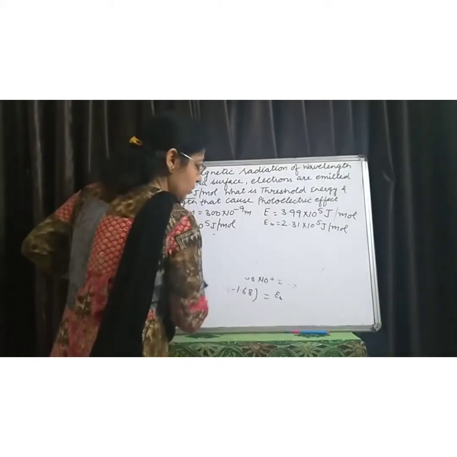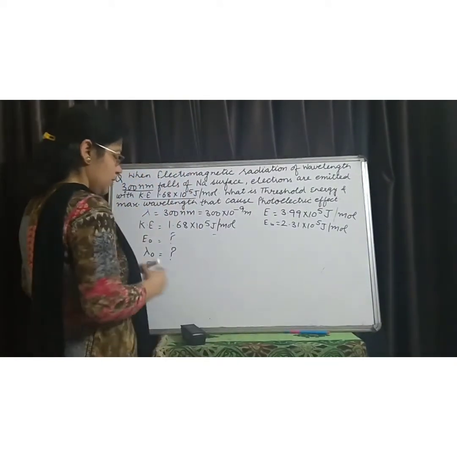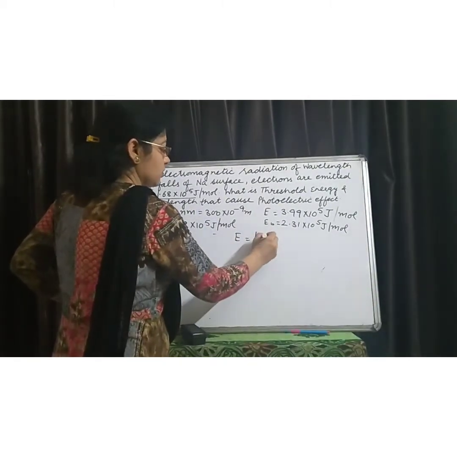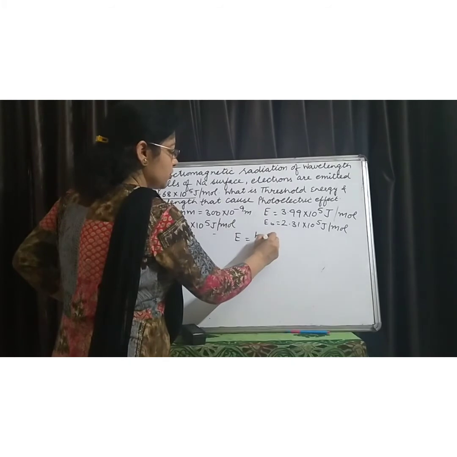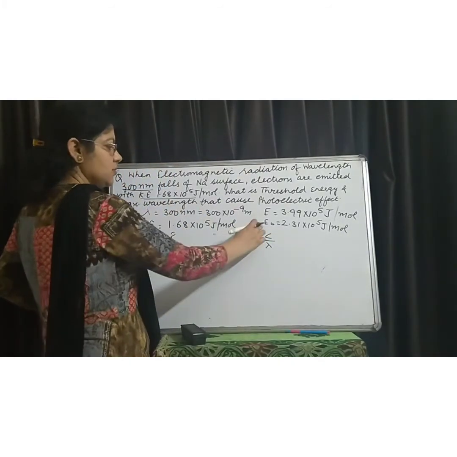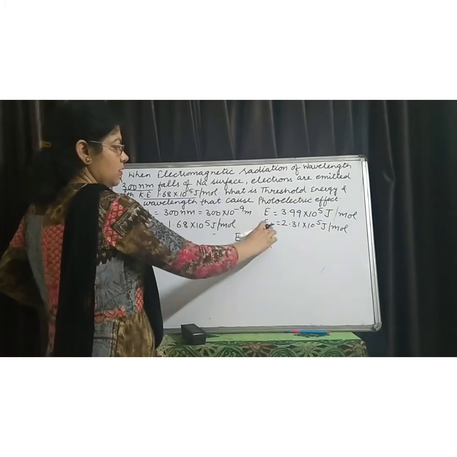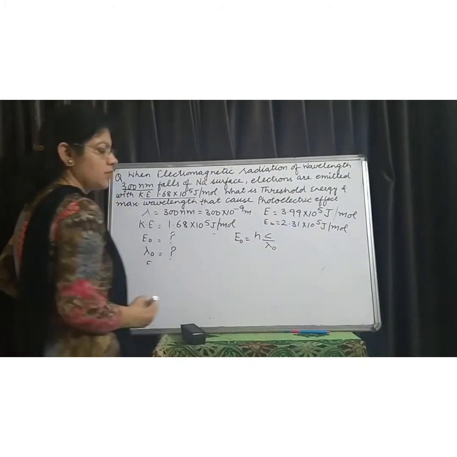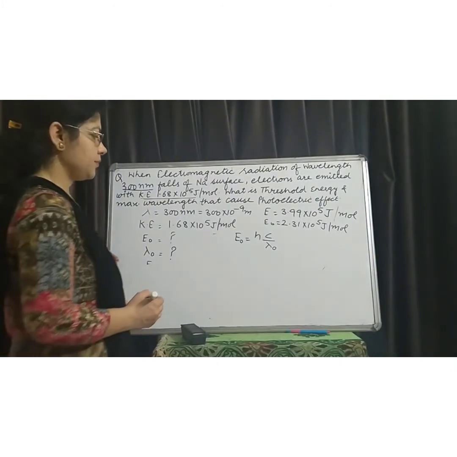From Planck's quantum theory, you know that E is equal to h nu, or nu is equal to c upon lambda, as we use for the threshold energy. Therefore, E naught is equal to h c upon lambda naught.